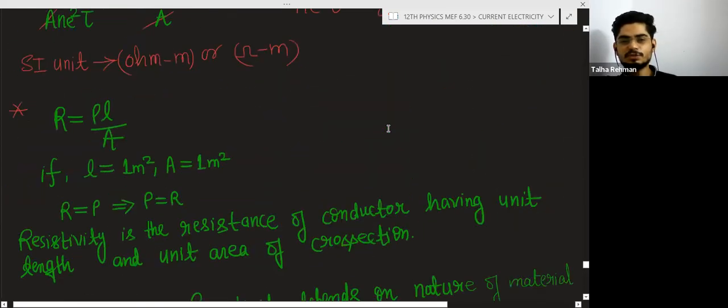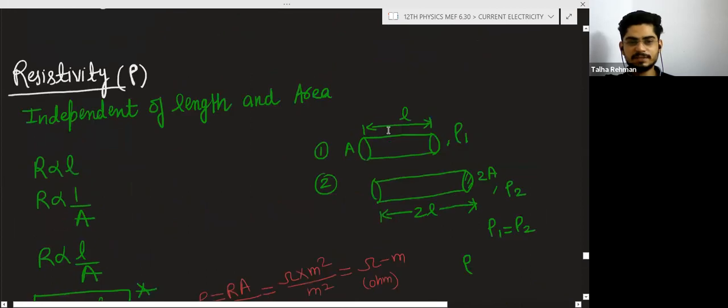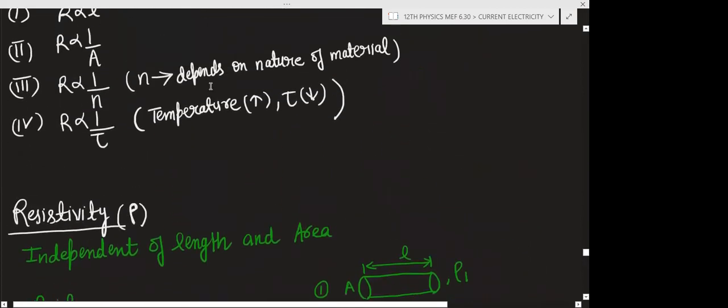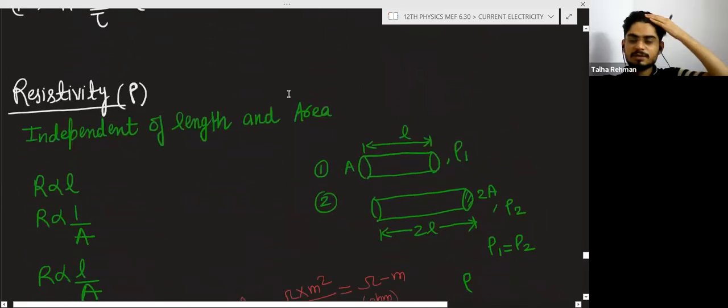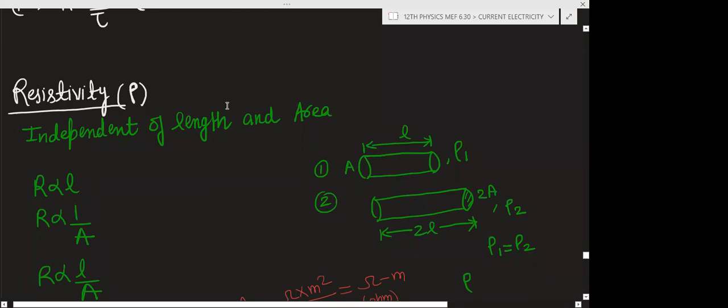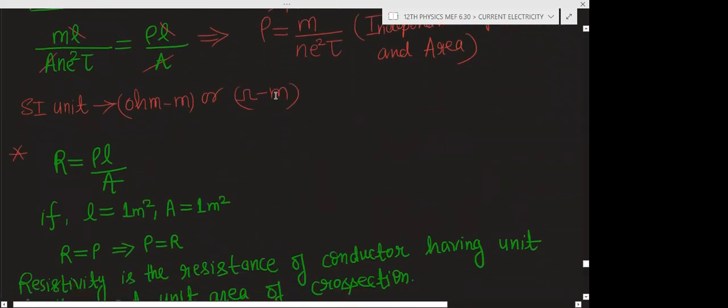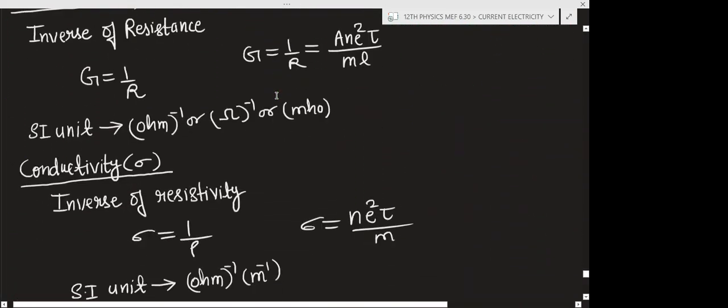Actually, this is the theoretical part. I think this is very easy. Please tell me from where you want to note it down. From current density onwards, sir. Very good.